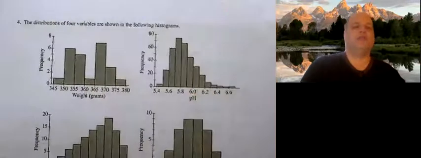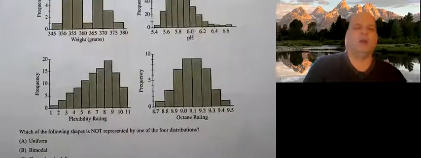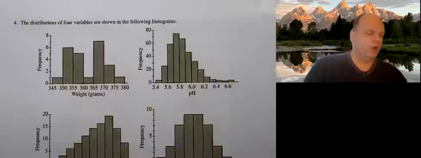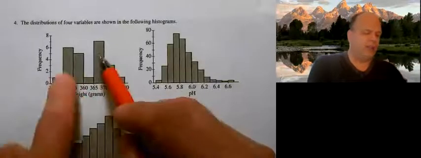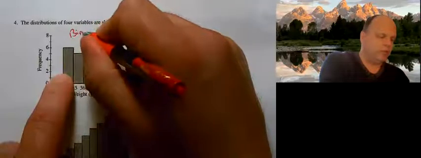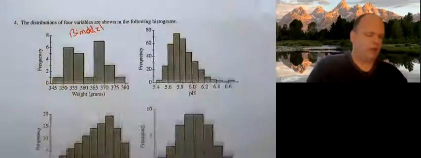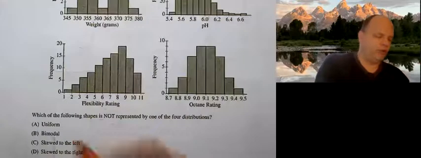Number 4, the distributions of 4 variables are shown in the histograms below. All right. Which of the following shapes is not represented by one of the 4 distributions? So when I look at this, it's like, you know what? I have 2 peaks. I'm going to assume that this is bimodal. And sure enough, bimodal is listed.